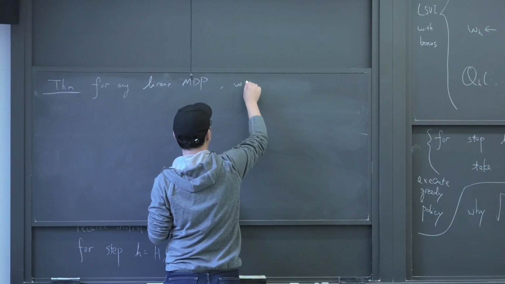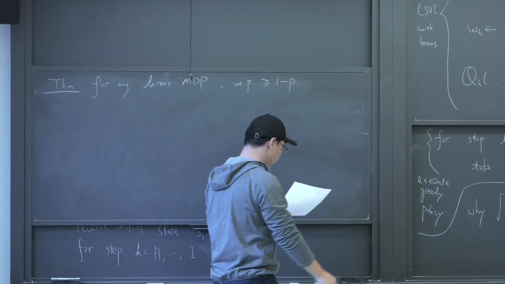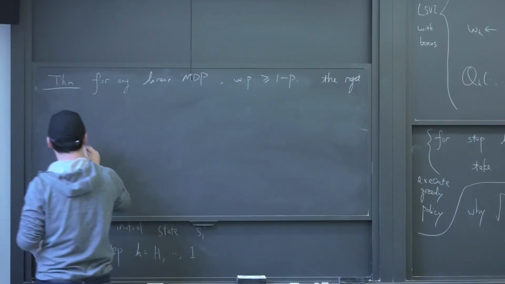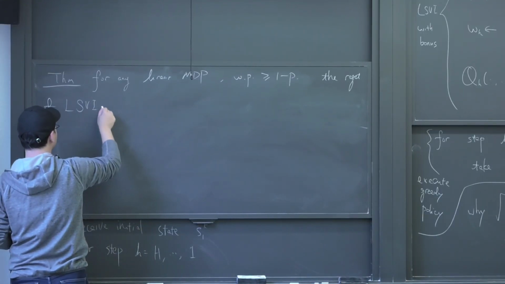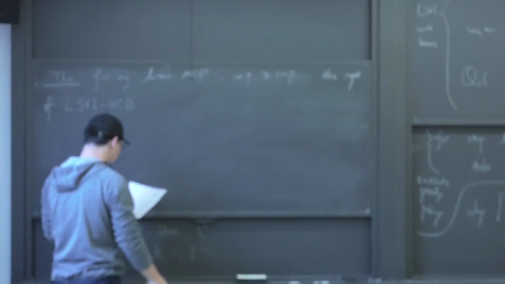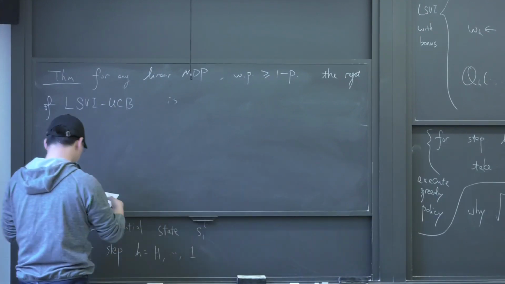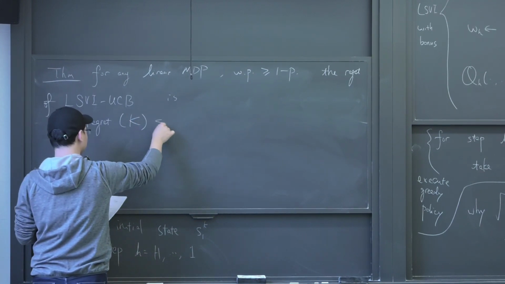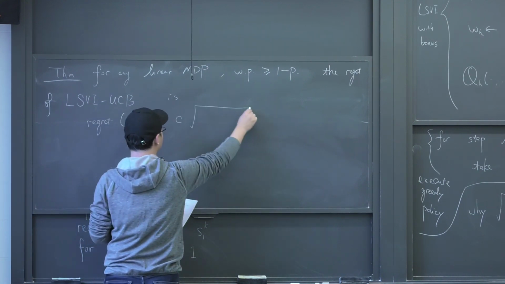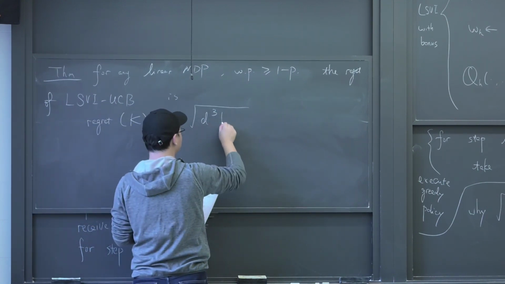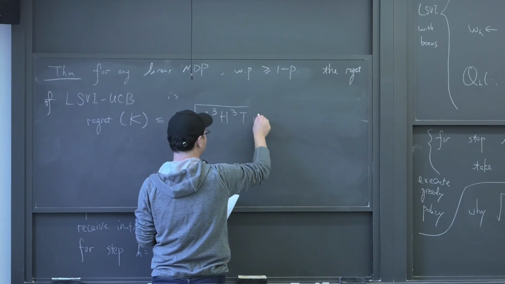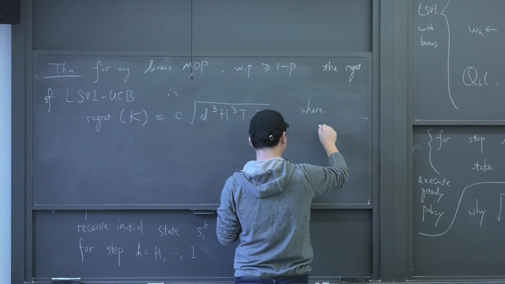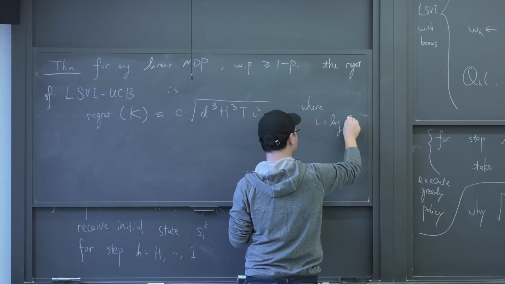Then with probability greater or equal to 1 minus p, the regret of LSVI-UCB is the following: regret_K is less or equal to c times square root of d cubed H cubed T iota squared, where again iota is log(dT/p).